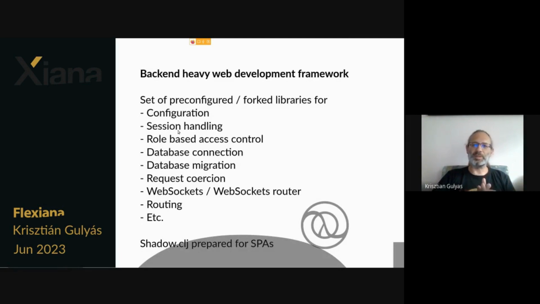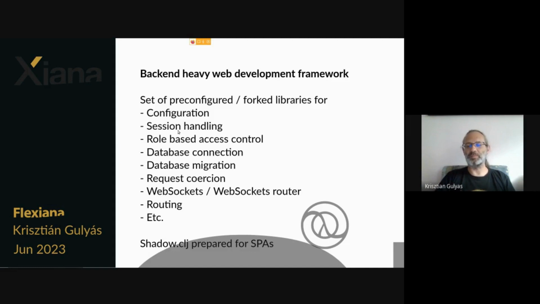As with most web frameworks, Xiana is basically a set of pre-configured and forked libraries for providing configuration, session handling, role-based access control, database connection, migration, request coercion, and WebSockets.